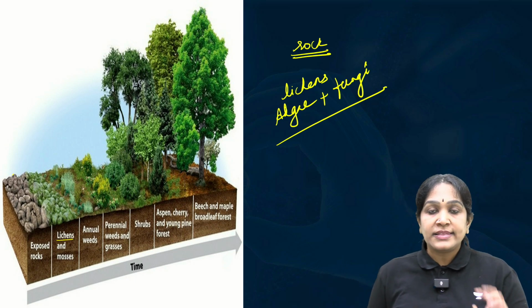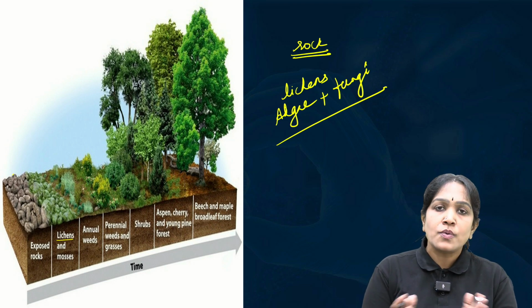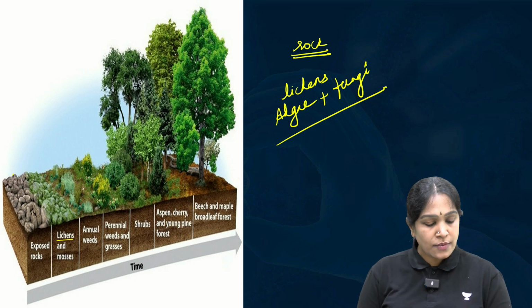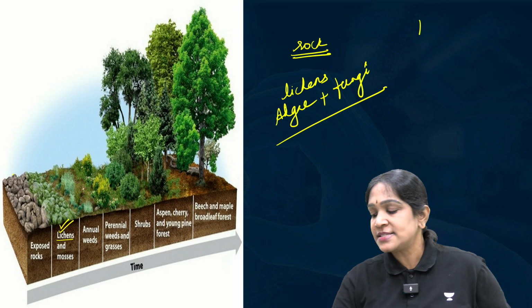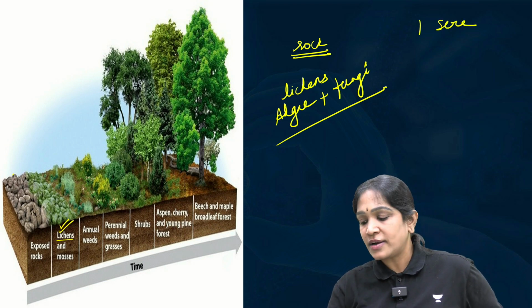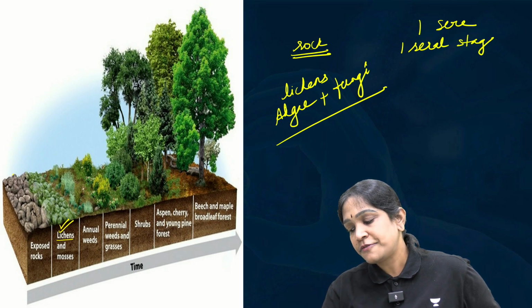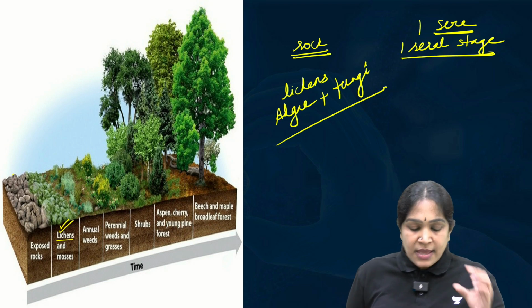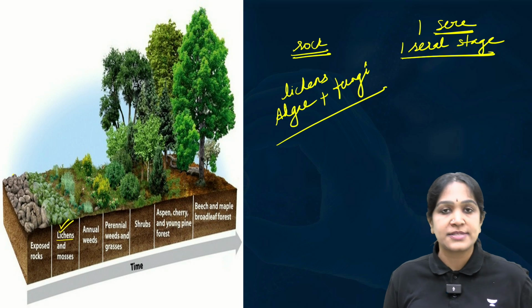They will break down the rock material into loose soil. So this is called the first seral stage. In the first seral stage, you have only lichens and mosses.